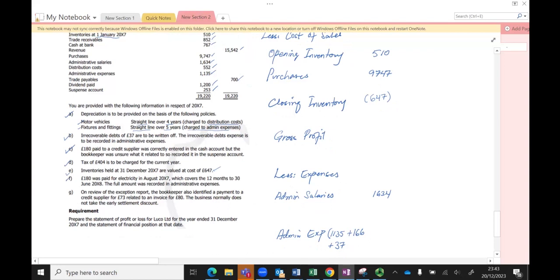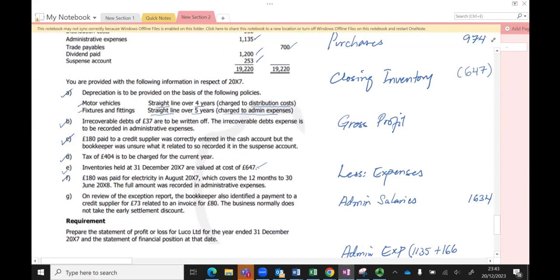Next is 180 was paid for electricity in August 2007, which covers 12 months to 30th of June 2008, the full amount was recorded as an administrative expense.